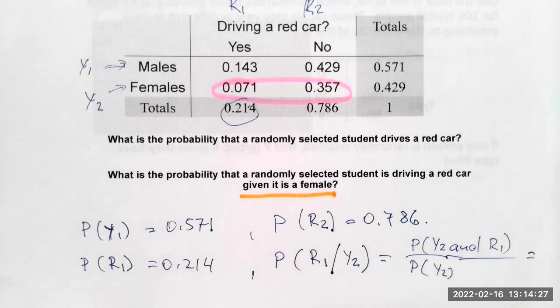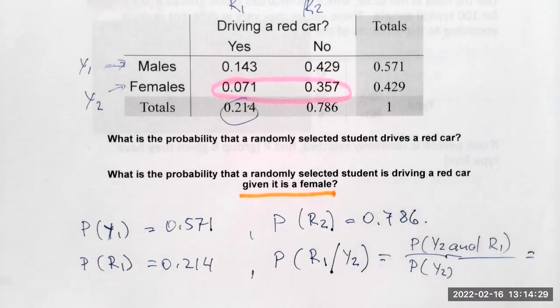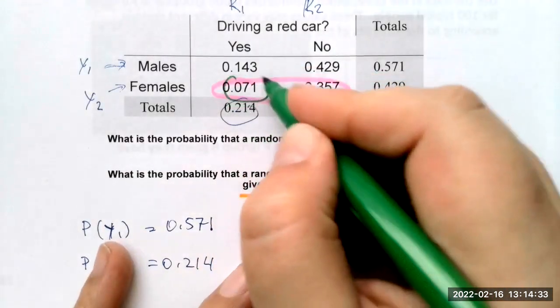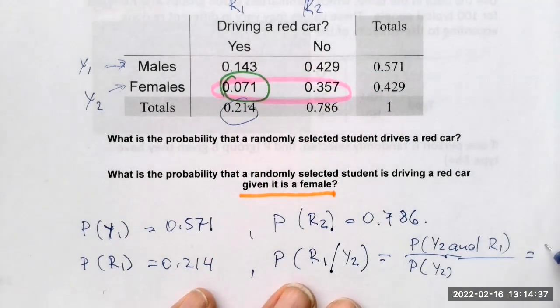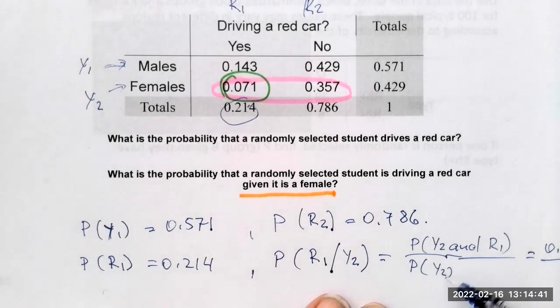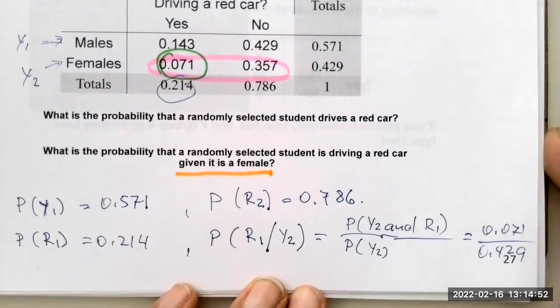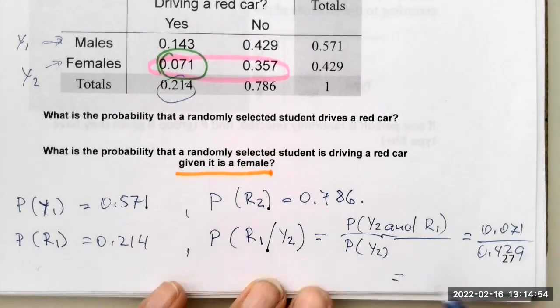So we get that the probability of a female who drives a red car is right there, and that is 0.071, divided by the probability of selecting a female, which is 0.429. So this is how we would calculate that probability.